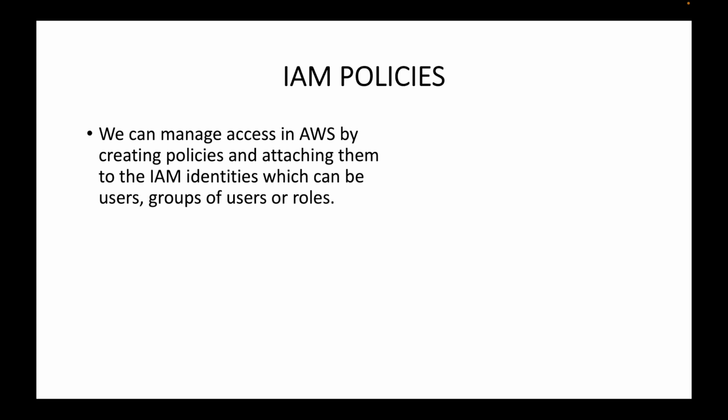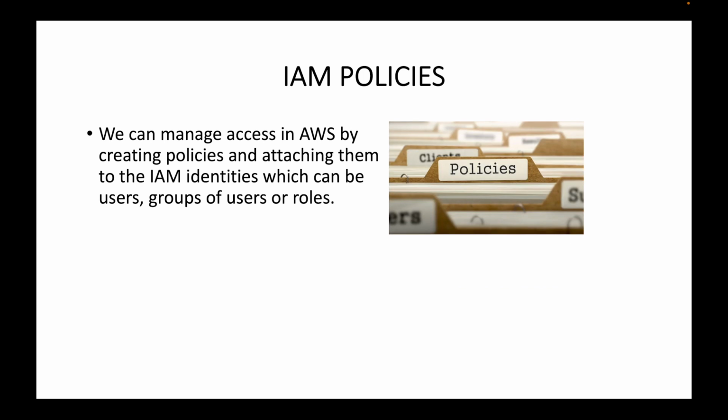Whenever we talk about managing the access to the users, we make use of policies, which are nothing but your permissions, and then we attach these policies to your IAM identities, which can be your users, your groups, or your roles. These policies will basically define the permissions for the respective IAM resources.